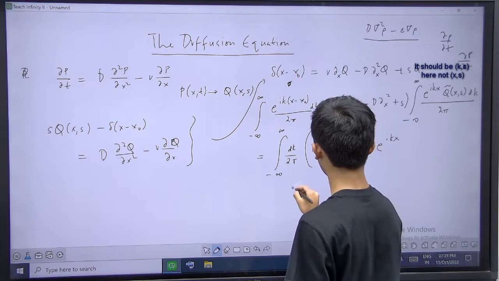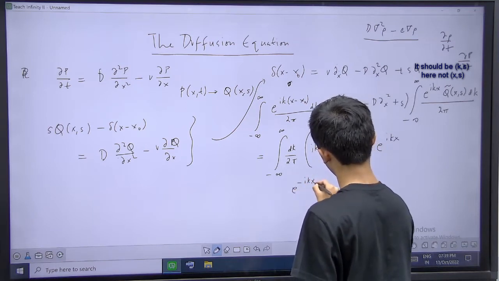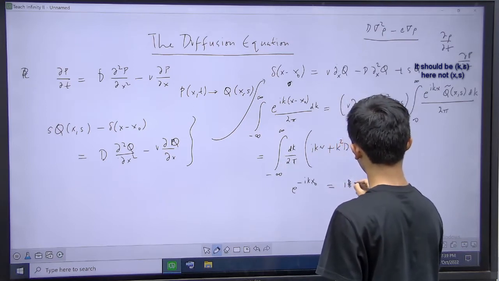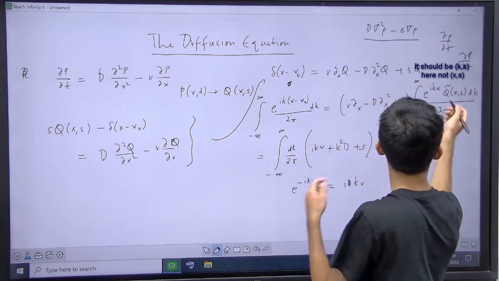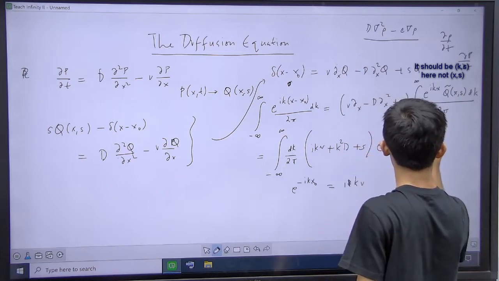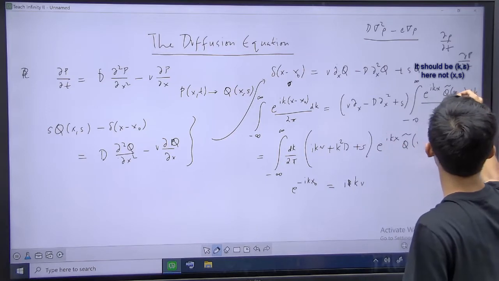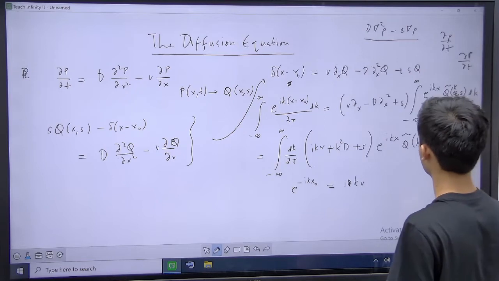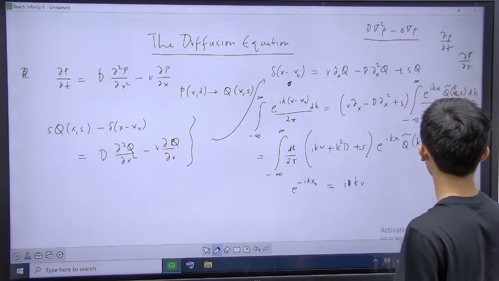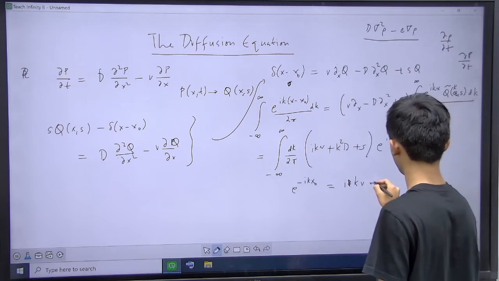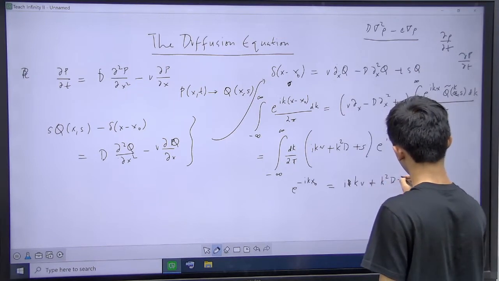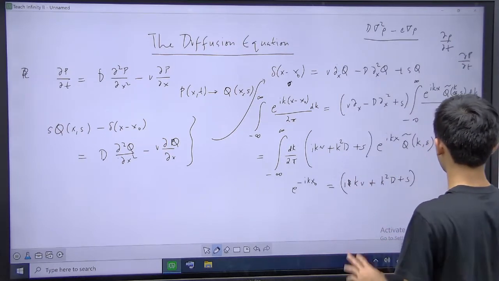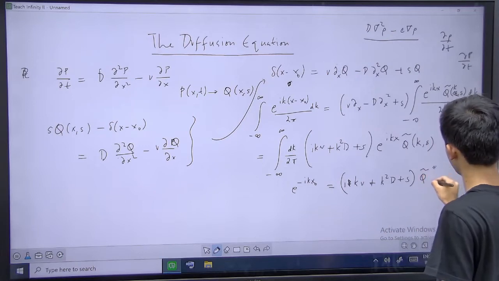So I will get e raised to minus i k x naught is equivalent to e raised to i k, and of course I forgot, this is not x comma, this will be k comma, q tilde of k comma s times i k v plus k squared D plus s. And D is not the differential operator, I often get confused. D is just the diffusion.